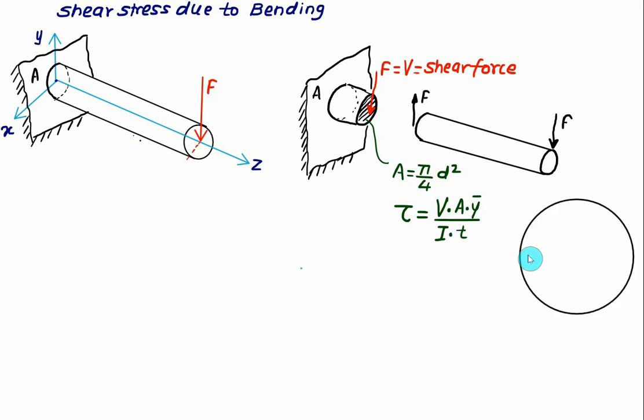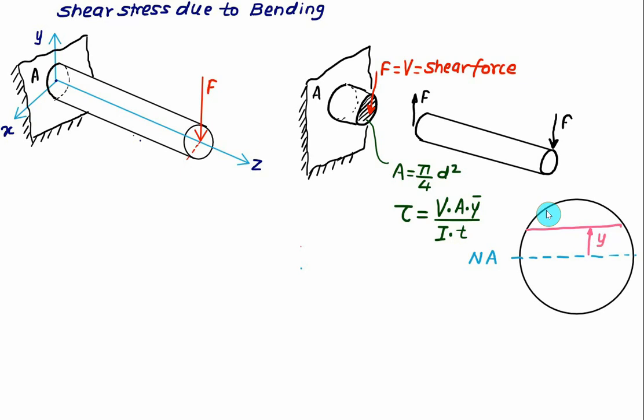Already we have introduced the neutral axis here. So for this area we are developing the figure. This one is our neutral axis, and we are interested to know the shear stress at a certain distance y from the neutral axis. So let's say at this fiber we are interested to know what is the shear stress. So this distance will be taken as equal to y.